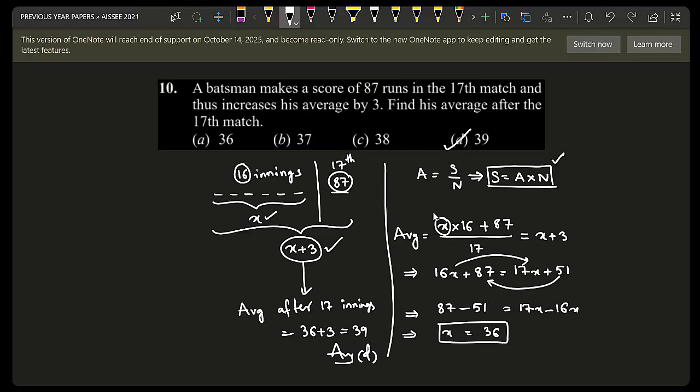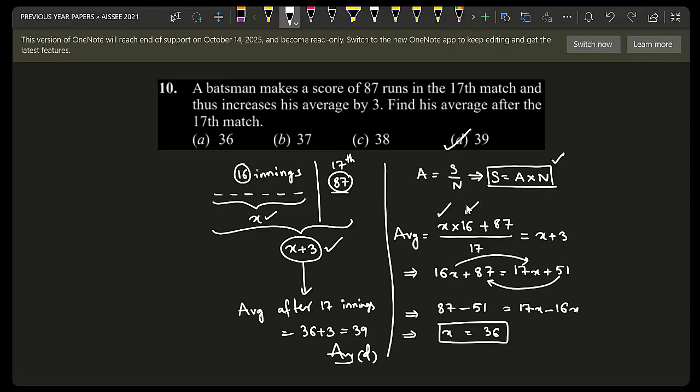In 16 innings, what is his average? I am circling and giving a tick mark, and still you are not identifying. Sir, x, right? x into how many innings? 16. So this is average and this is number.